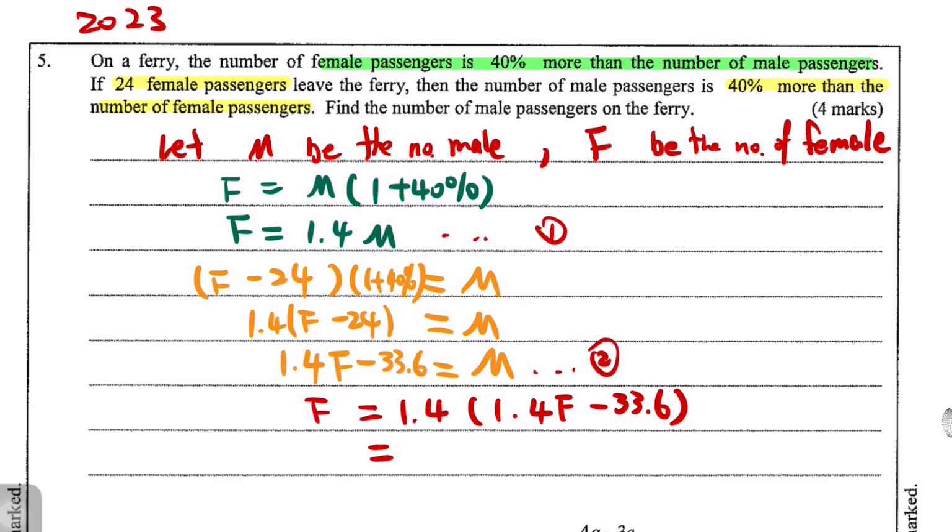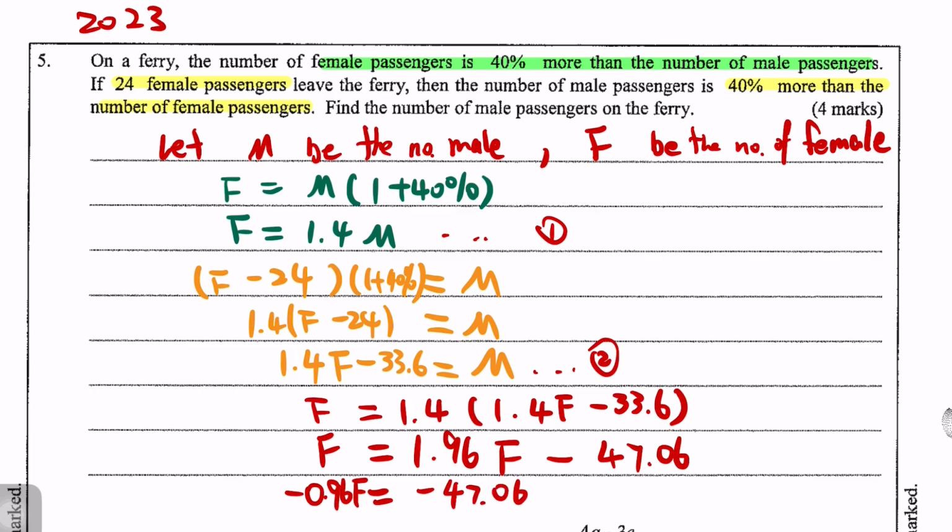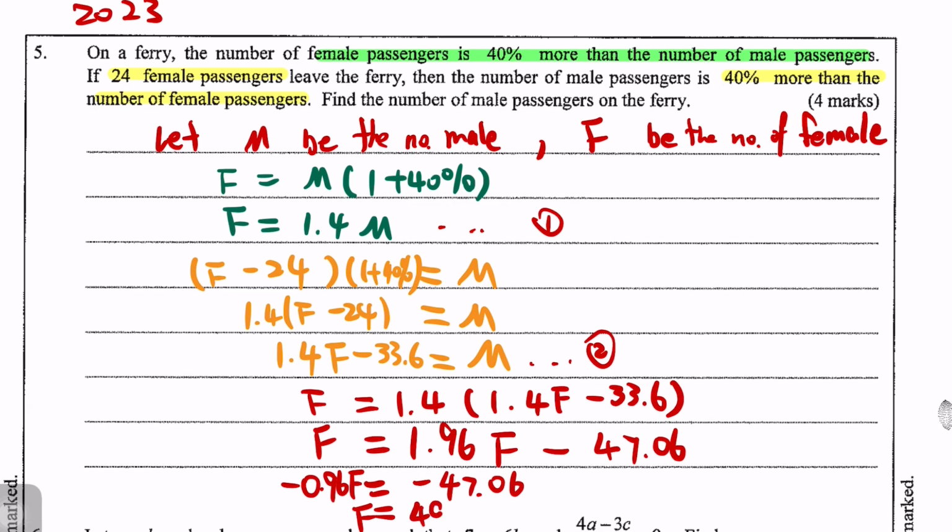Make sure you know how to do the calculation, okay? 1.4 times 1.4, so now we have this one, and then 1.4 times 24 is 33.6, equals F. So minus the F on this side is negative 0.96F equals negative this number. So negatives cancel out. F equals 49.